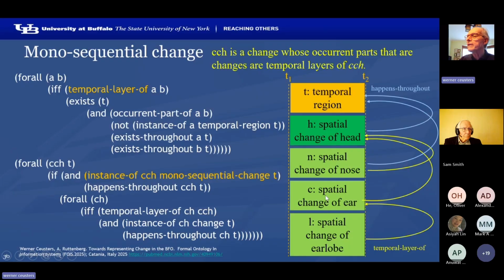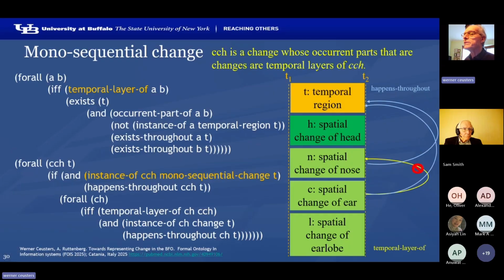And the spatial change of my ear is a temporal layer of a spatial change of my head. And also the spatial change of my nose is a temporal layer of the spatial change of my head. But the spatial change of any of my ears is not a temporal layer of the spatial change of my nose. Both happen at exactly the same time under this scenario, but they are not temporal layers of each other.